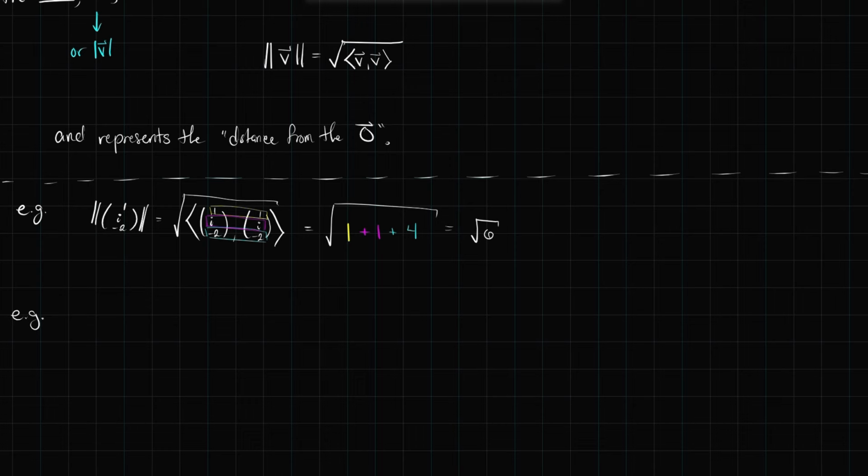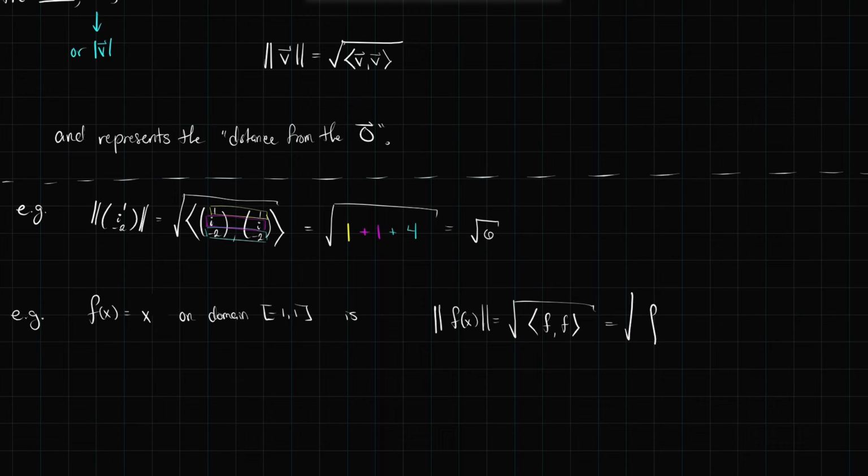Another example, we can work with functions even. Let's do f(x) = x on the domain negative 1 to 1. Its norm is going to be the square root of the inner product of f with itself. And let's recall that inner products of functions on domains are the integrals over that domain.